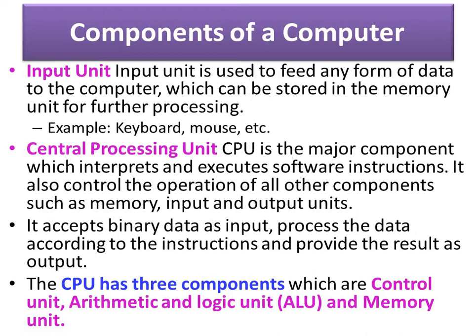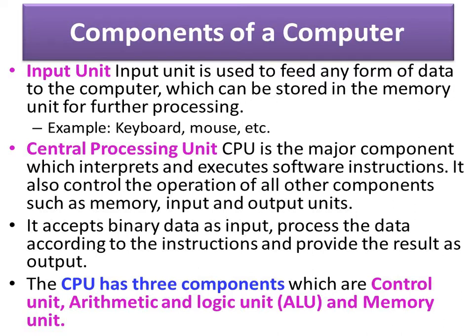It will not only interpret and execute the instruction, it will control the operations of all the other components. It will take binary data, that is zeros and ones, as input, process the data according to the instruction and provide the result as output.